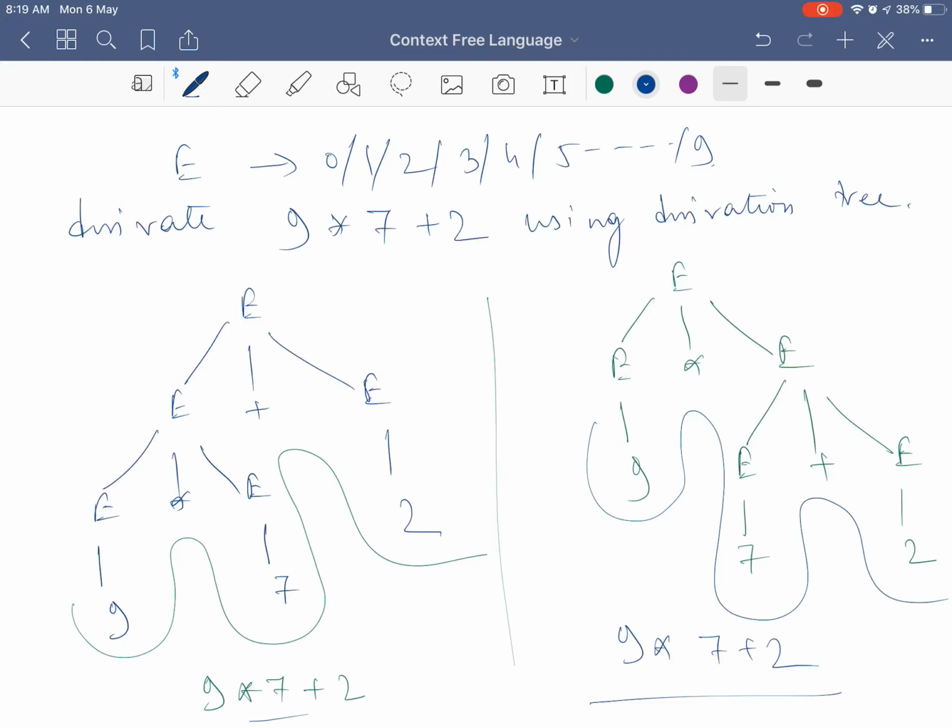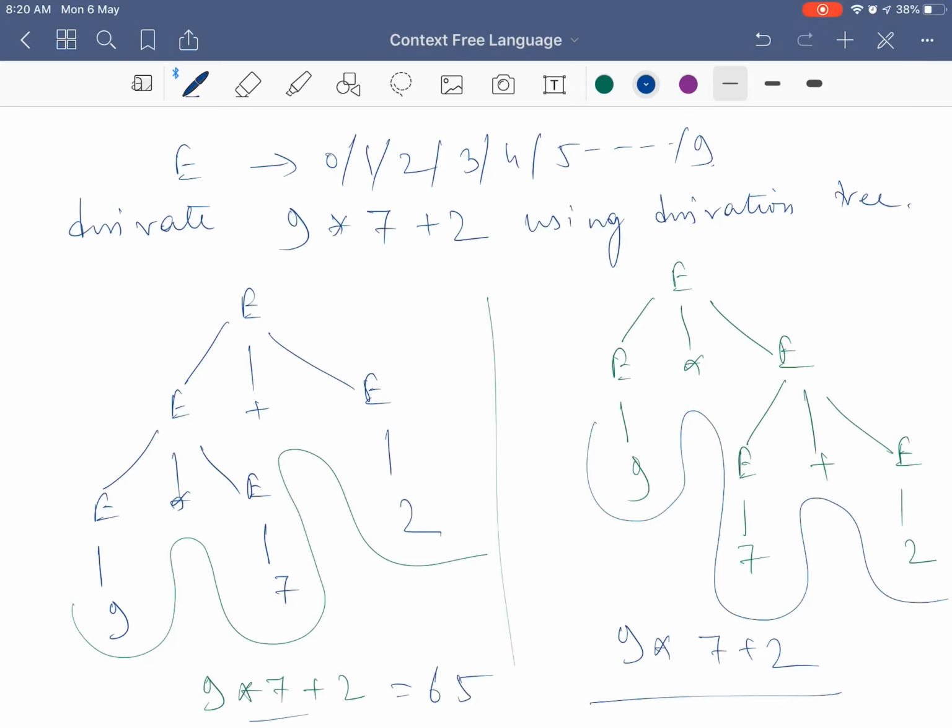Now why is it dangerous? If you want to evaluate the first expression, you have to do the multiplication first: 9 into 7 is 63, 63 plus 2 is 65.